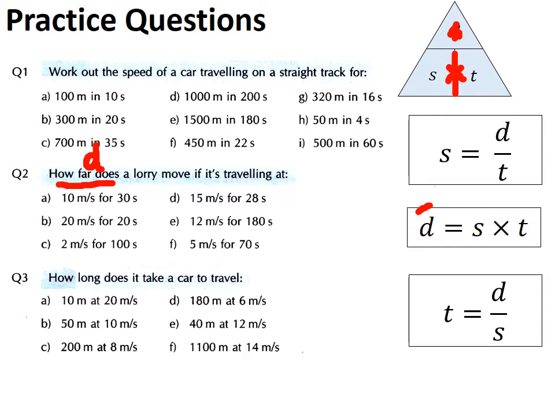So we can see underneath that we have the distance equals the speed multiplied by the time. We would need to multiply this number by this number to get the distance traveled.